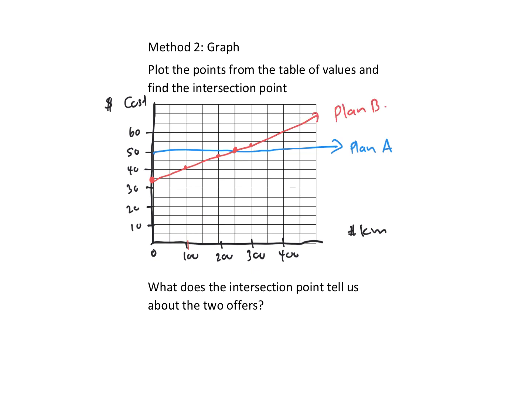So the intersection point, which is 250 kilometers, cost $50. So both plans cost $50 when we drive 250 kilometers.